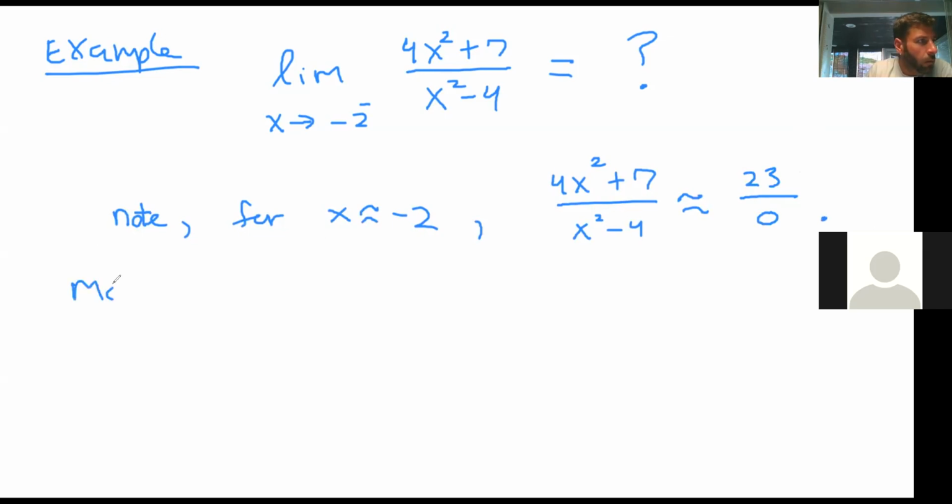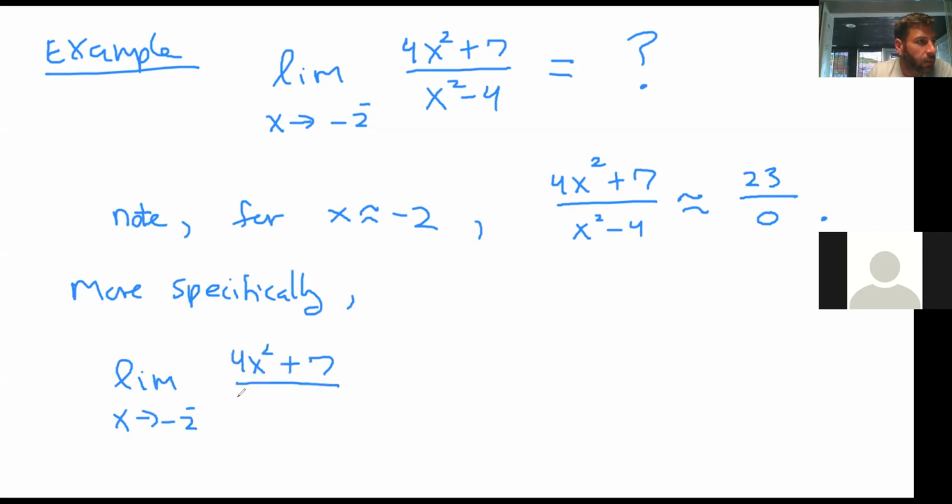So let's look at it another way. If I look at the limit and I notice the denominator factors, even though the numerator doesn't, I can still make some observations.